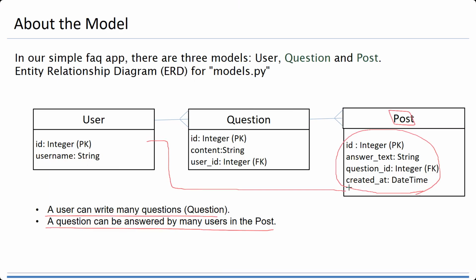And you will have also the user ID integer, and you will have the foreign key. So this foreign key will connect to the user. It means if you are not a user, you cannot answer the question. So yeah, that is possible, but for simplicity, I will just create this table.